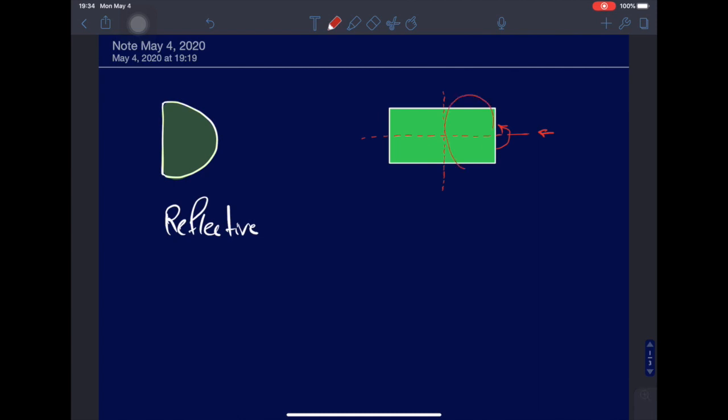So this part this time is going to cover the other part. So I would say that my rectangle here has reflective symmetry. For example, in the semicircle here that I have, if I draw a line like this, I'm going to have a reflective symmetry because the reflection of this part is exactly equal to the other part.